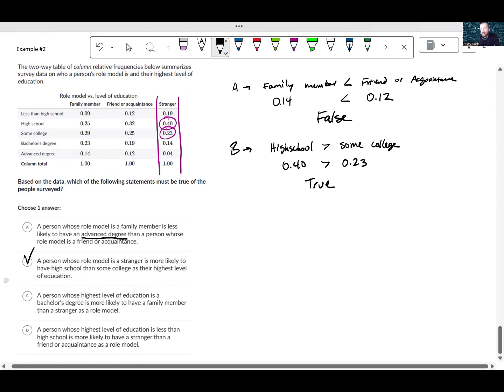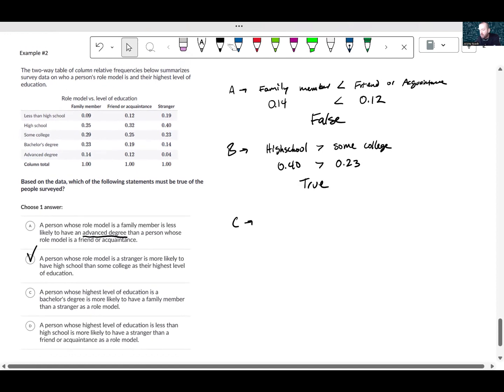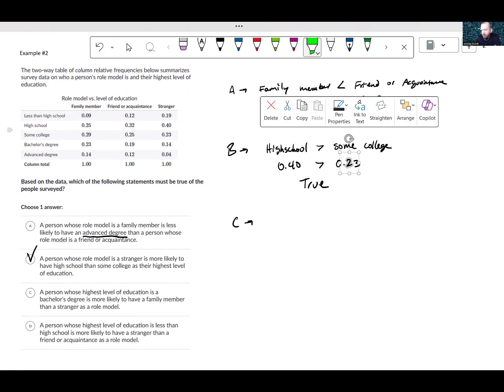Now let's just check C and D just in case. I think it's always good to see counterexamples so that we can continue to refine what we already know. Letter C says a person whose highest level of education is a bachelor's degree is more likely to have a family member than a stranger as a role model. So we're going to look at bachelor's degree now.